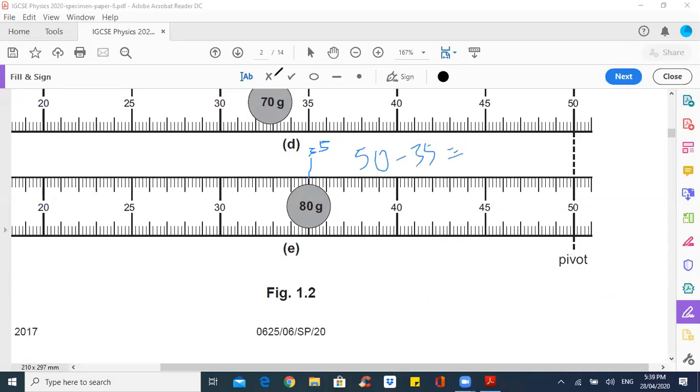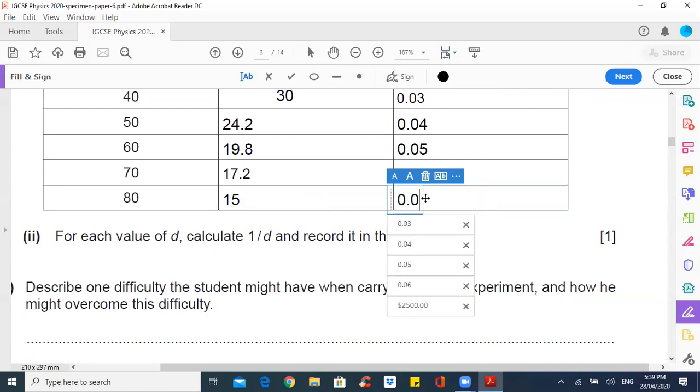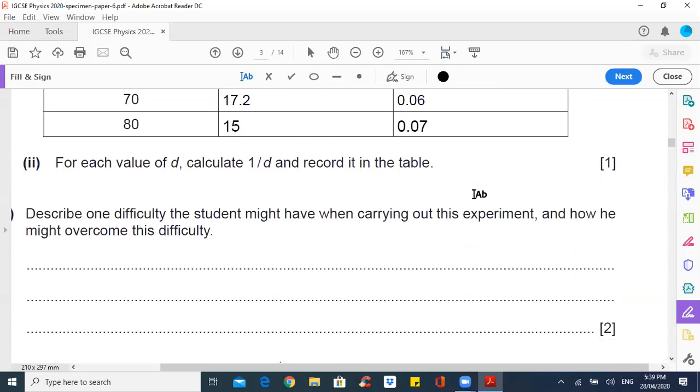So your answer will be 15. Good. So your fourth one is 15. So you're going down to 15. 1 divided by 15, you get 0.067, or I would just say 0.07.